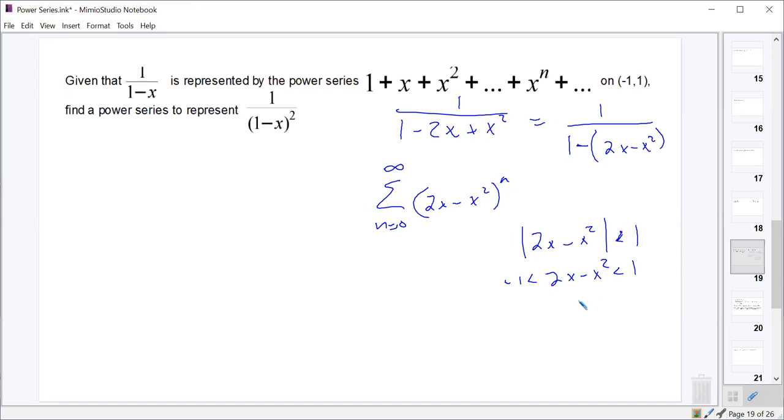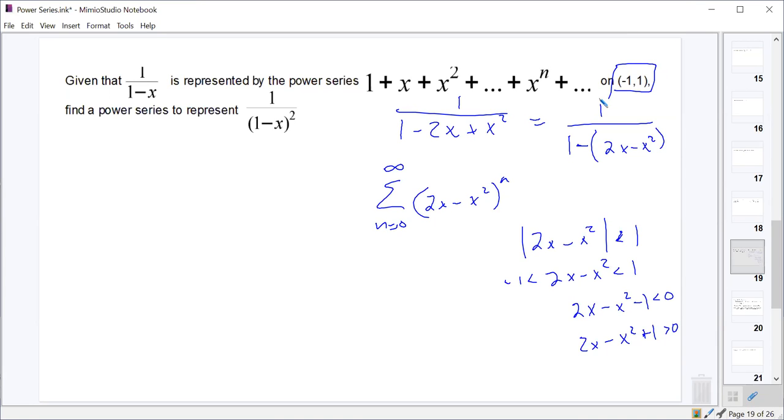It's not horrible, but we'd have 2x minus x squared minus 1 would have to be less than 0, and we'd have 2x minus x squared plus 1 would have to be greater than 0. And that's going to give us multiple weird little sections that are not similar to the interval that we started on.